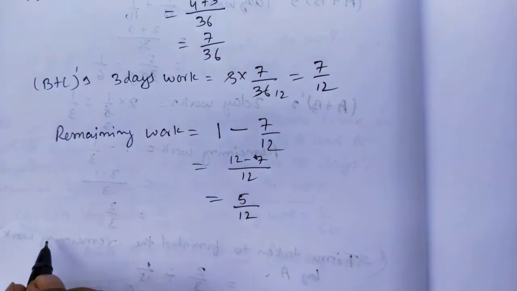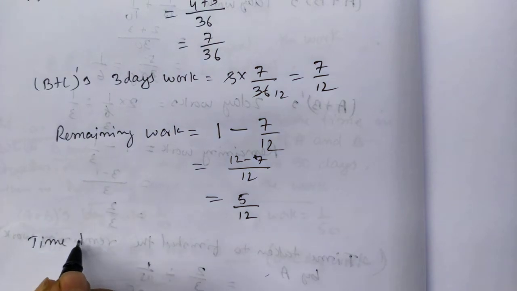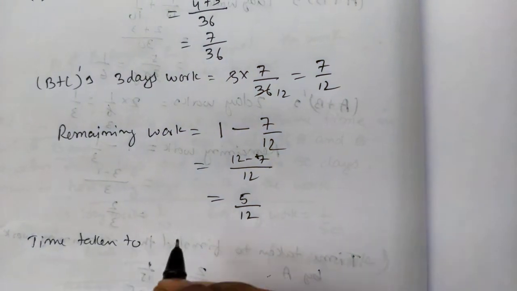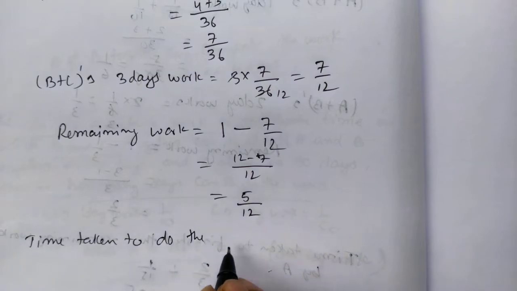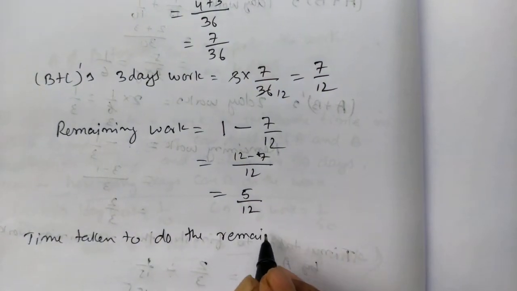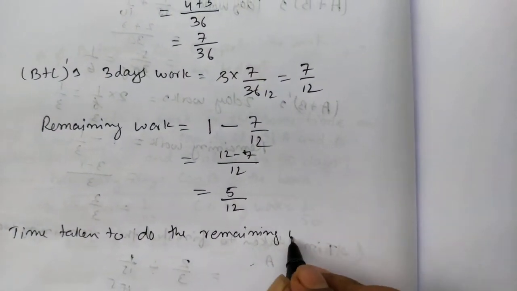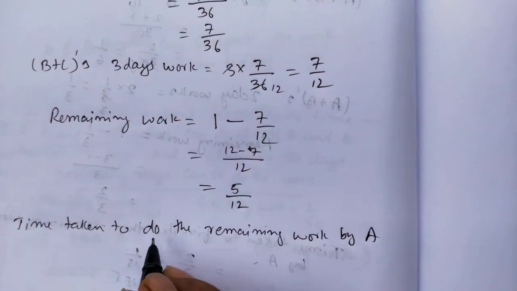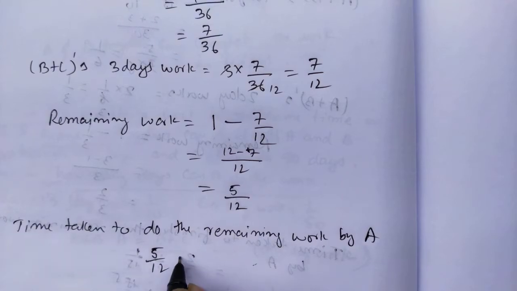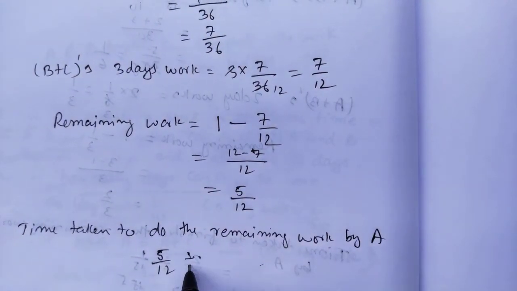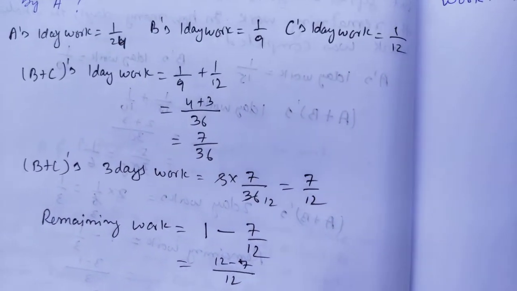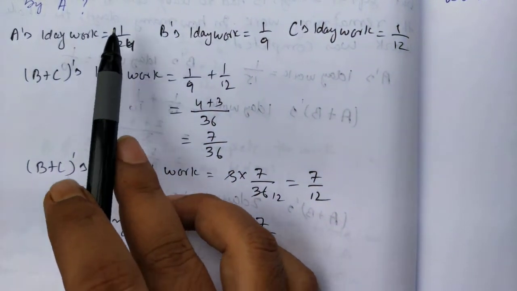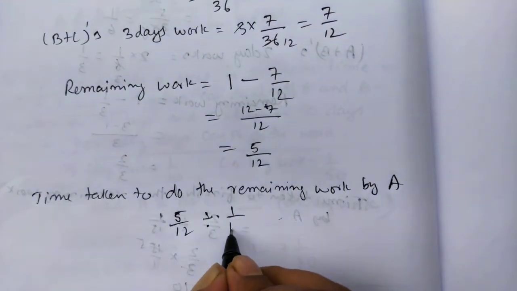So time taken to do the remaining work by A. The remaining work is 5/12. You have to divide by 1 day work of A, that means by 24.